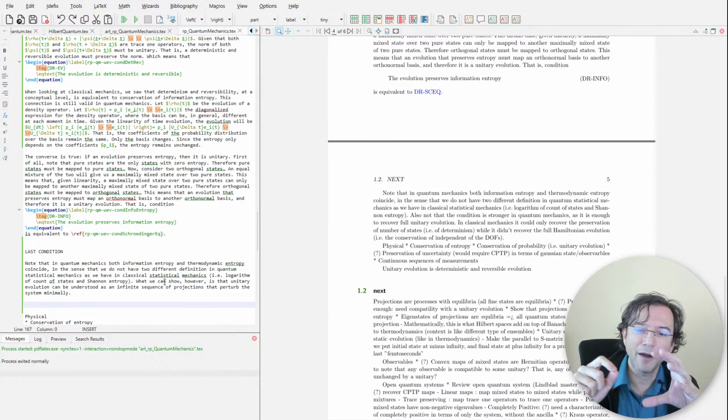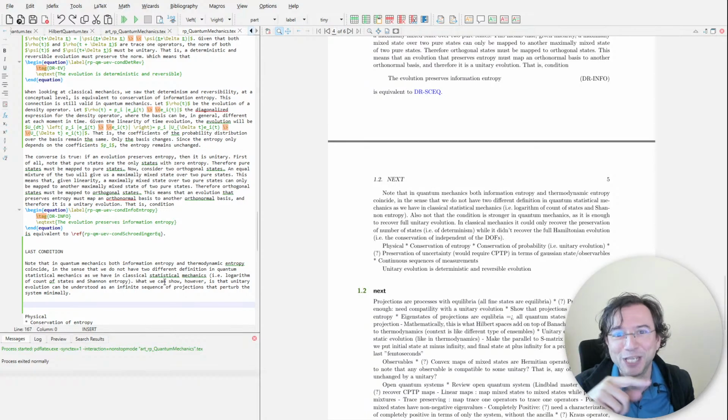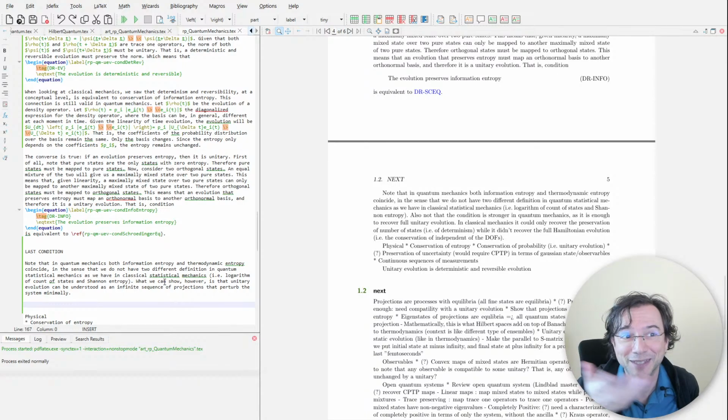But the part where you go from the pure state to the projected mixed state, that really looks like essentially an entropic process, a going out of equilibria and getting another set of equilibria. And we are going to be able to show that the conditions are exactly equivalent, and that's part of the next section.